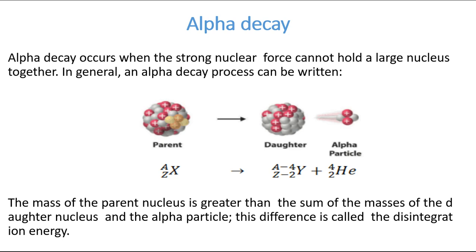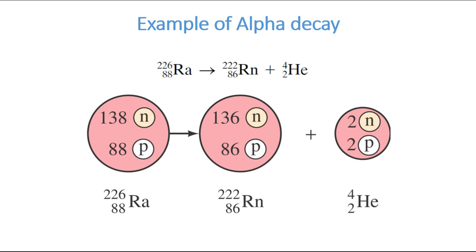By the conservation of the A number, Z number and N number, we have A minus 4 and Z minus 2 for the daughter nucleus Y, and helium is the alpha particle. The mass of the parent nucleus is greater than the sum of the masses of the daughter nucleus and the alpha particle. This difference is called the disintegration energy.